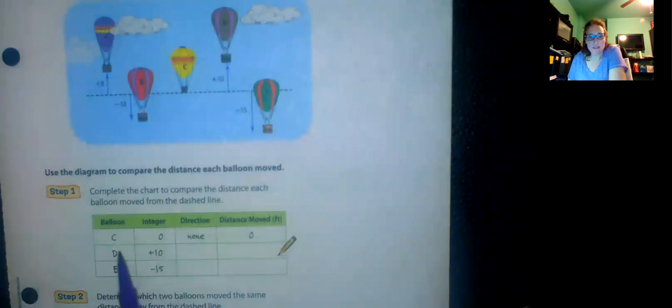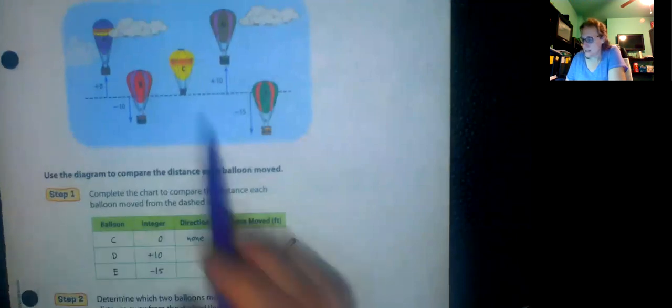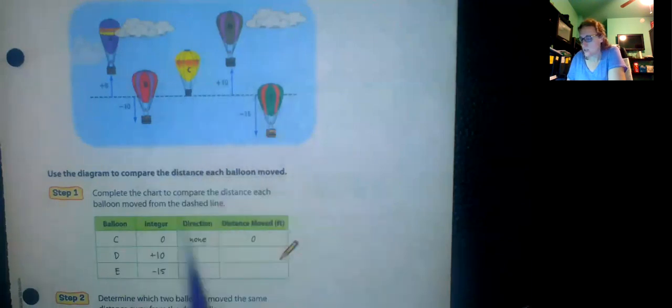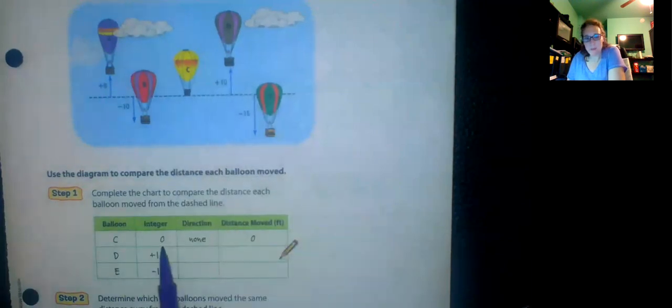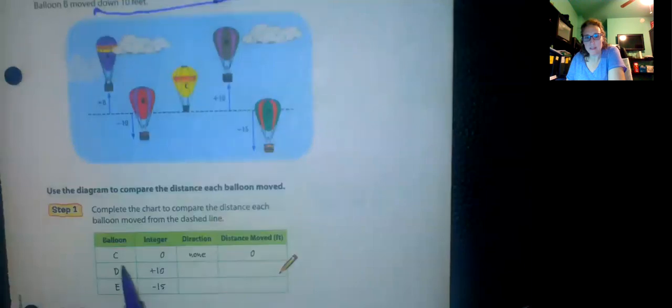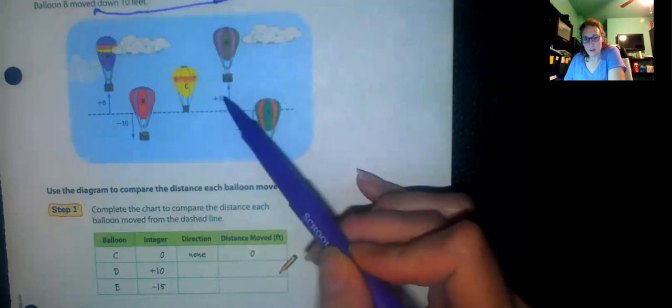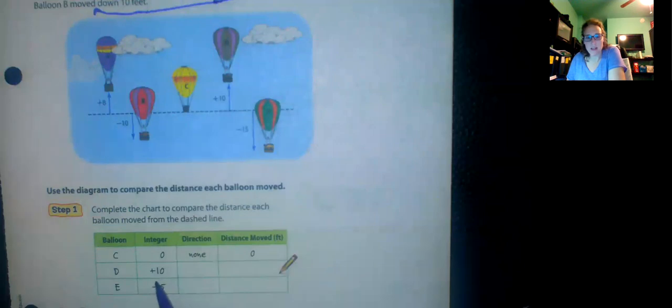So it looks like they did C for us. You can see here, C is sitting right on that dashed line. So that means the integer would be 0 because it didn't move up or down. And so from that starting point, it moved 0 feet. Let's look at balloon D. Balloon D, you can see it went up from the dotted line, and they tell us that it went up positive 10. So our integer is positive 10.